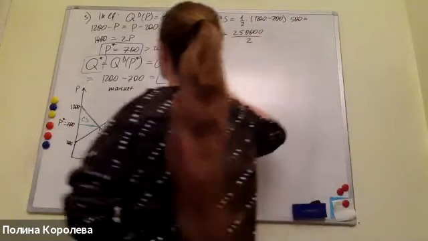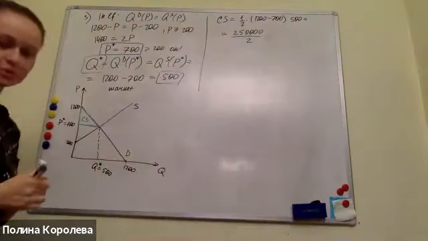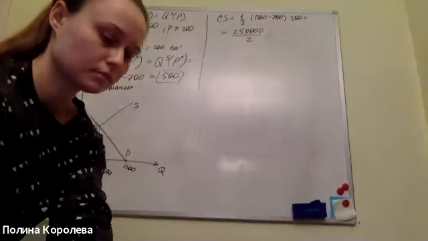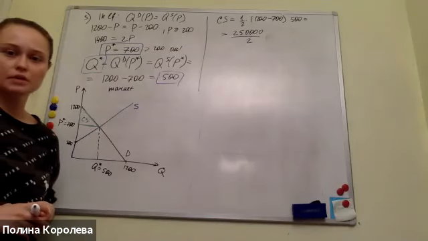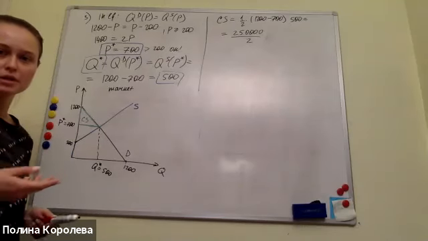Okay, this. What about producer surplus? Let's see. Where did the half come from? It's the formula for the area of a triangle. Got it. One half multiplied by the base multiplied by the height. Yeah, okay. I completely forgot it's a triangle.